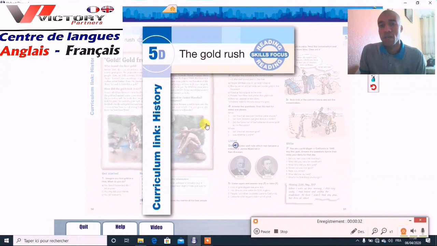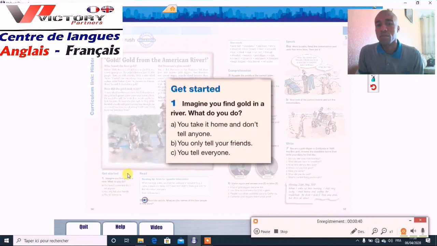Before we start talking about the text here, I would like you to imagine with me that you find gold in a river. What do you do, right? Are you going to take it home and not tell anyone? Or you only tell your friends?